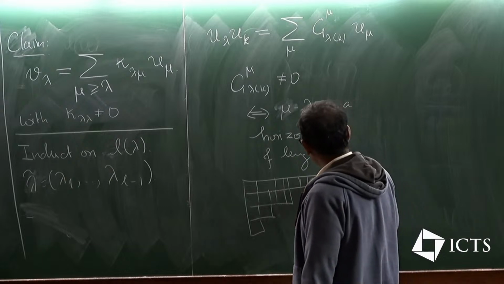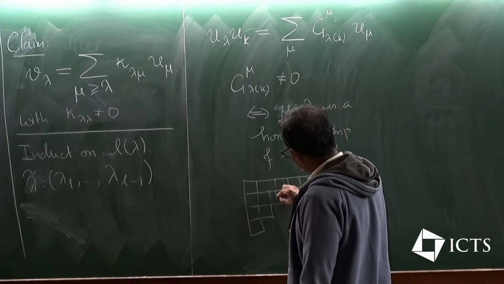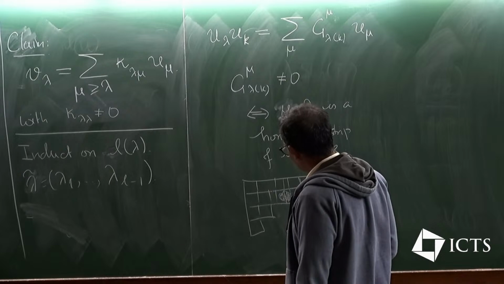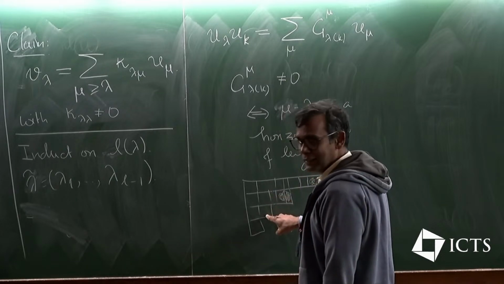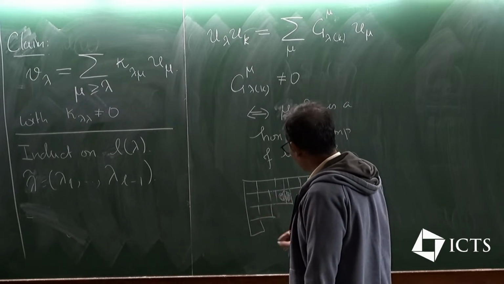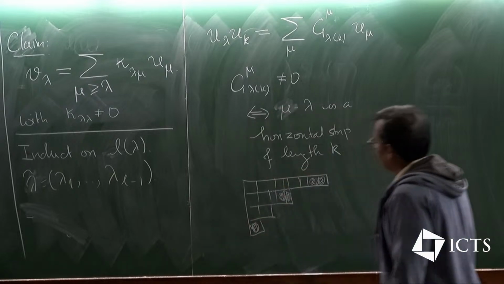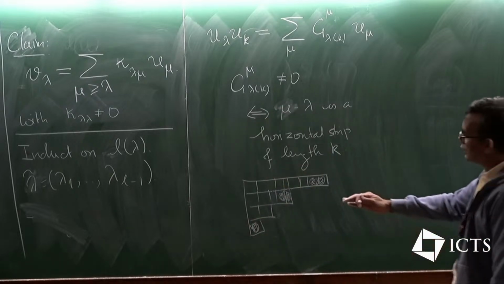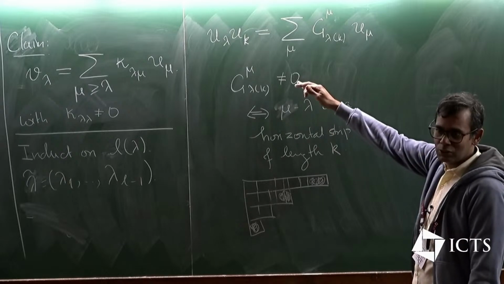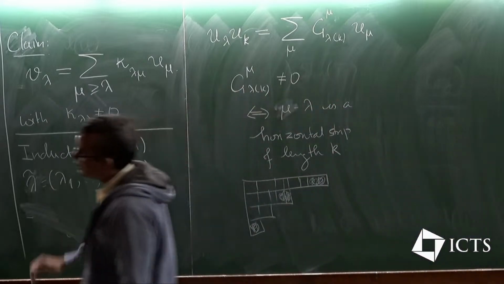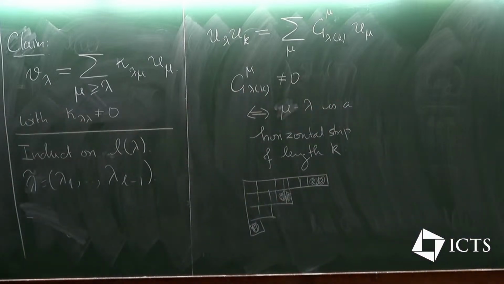So I may remove these two elements, I may remove these two elements. I can't remove like this and this, so that would forbid it, and maybe I'll remove this element. So this is the relationship between mu and lambda for this to be non-zero. Those were the only ones which occurred as quotients of AP lambda by its cyclic subgroup. So those are the only non-zero terms.